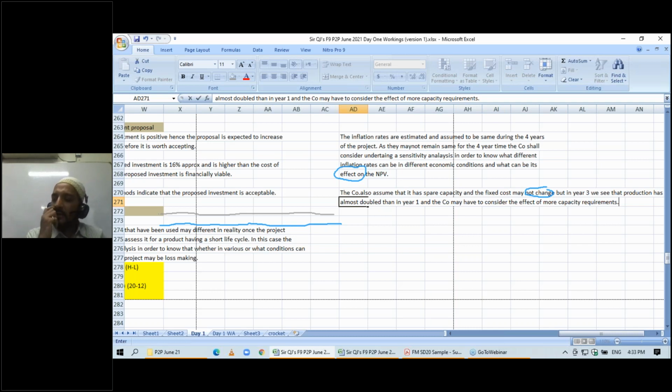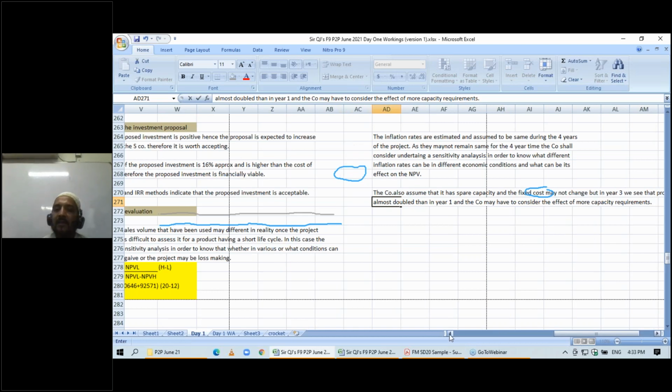The inflation rate is also an estimate. So we need to know that the estimates may change in future. So this was a big limitation of our evaluation in this case. The methods being used were good enough, the NPV and the IRR, but the information and the data we were using were not accurate enough, basically, on which we have commented over here, right? So this was the answer.